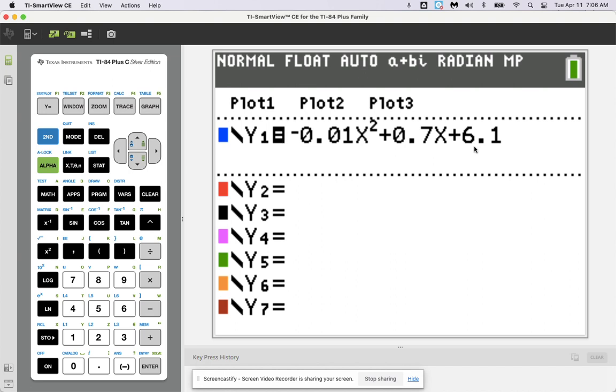Now, unfortunately, the window for this is a little bit strange because you're not modeling time. You are modeling the horizontal distance traveled by the object and the vertical distance traveled by the object. And you don't really care how long it takes for the object to get anywhere.